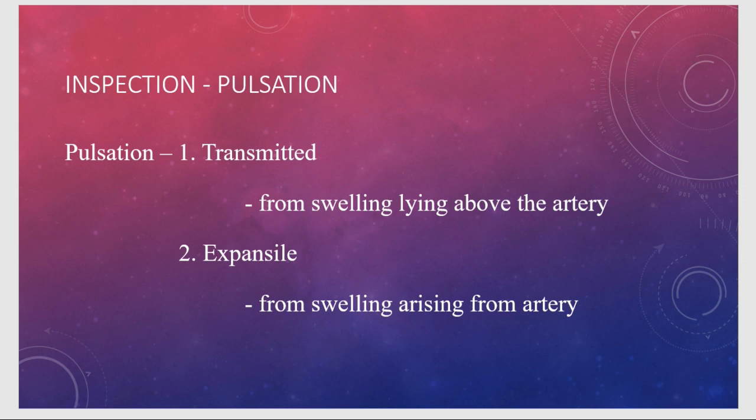If the swelling is arising from the artery, then we'll get expansile pulsation, right? So two types of pulsation, transmitted and expansile. Transmitted when lying above the artery, expansile when the swelling is arising from the artery.